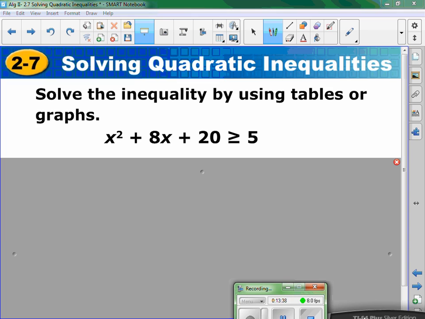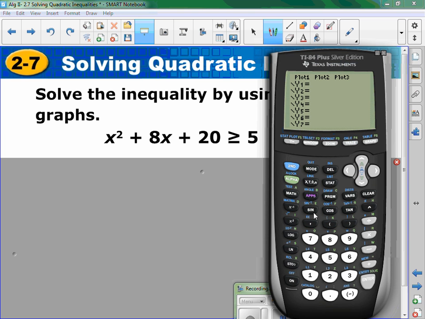I have x squared plus 8x plus 20 is greater than or equal to 5. We'll use the calculator to help us out. So turn on your calculators, press y equals x squared plus 8x plus 20.